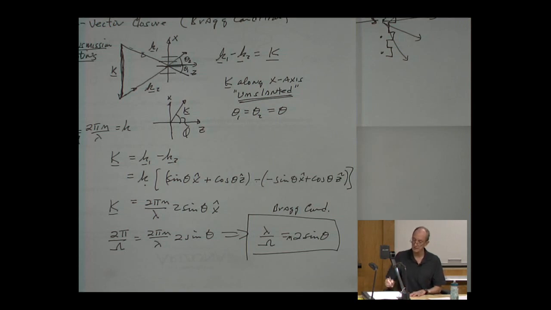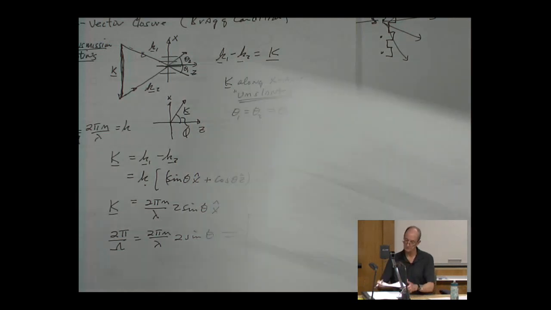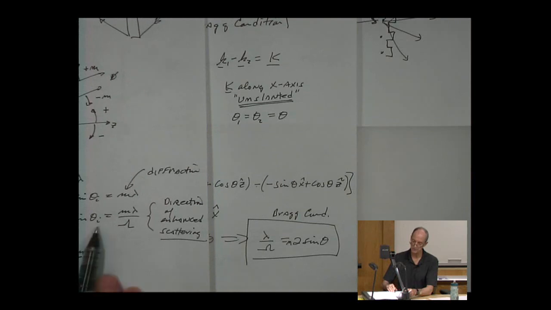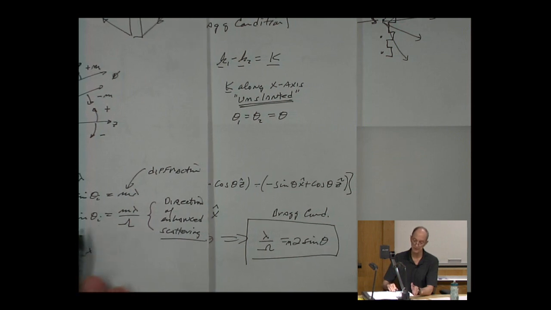Now, notice something else here too, that we're only left with the sine of theta in that relationship. If you recall, if we go back to the grading equation, remember, if this angle were a negative angle, and these are both, say, equal angles, then we would have 2 sine theta equals m lambda over the period.